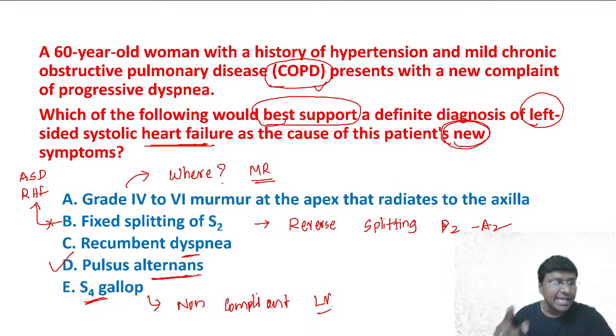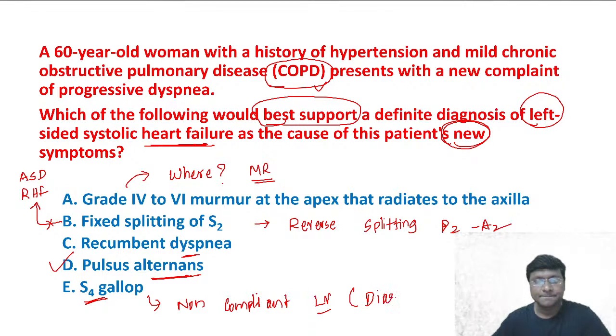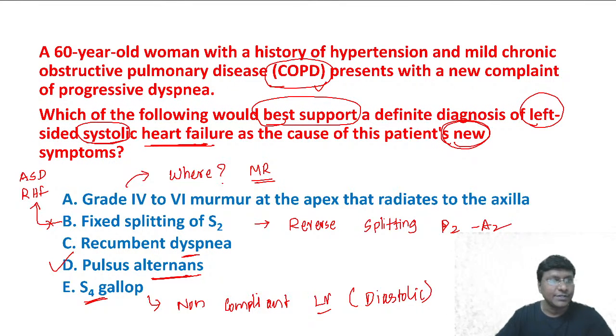So you can have the presence of S4 in case of diastolic heart failure, not in case of systolic heart failure, because S4 present means a non-compliant left ventricle. But yes, very good Banu Prakash. If S3 is there, then I will accept it would be systolic heart failure, but not S4.